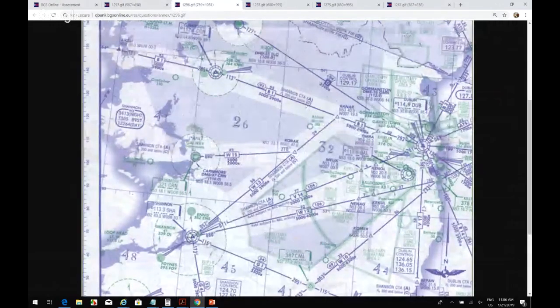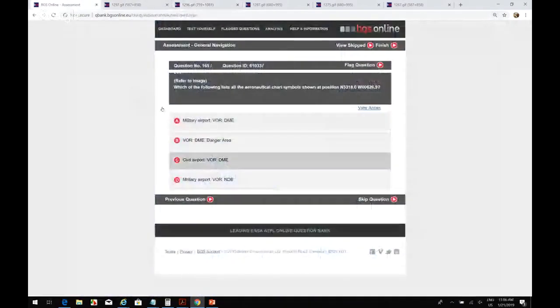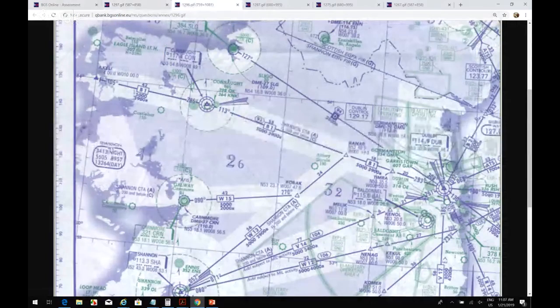No. I'm not saying military. The green circle is military. VOR, DME, VOR, NDB. What do we have? Can't really see. I'm just going to choose one.